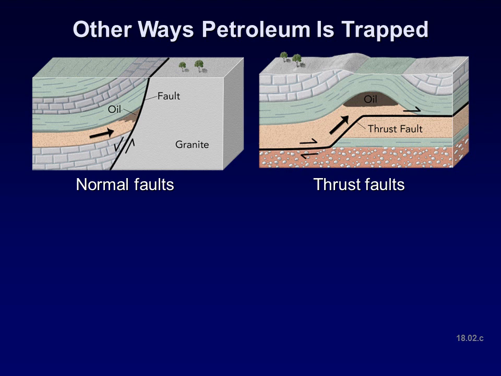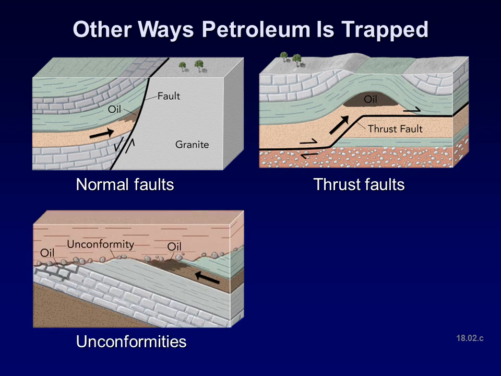Folds form as layers pushed up bends or steps in thrust faults. So you end up getting oil in the anticline. Okay, so as you push these two blocks together, one of them rides up over the other, basically. So that's what the thrust is where it's moved up and over. And so as a result of that up and over movement, you can trap oil below the impermeable layer.